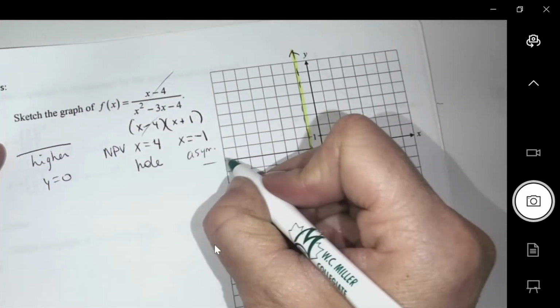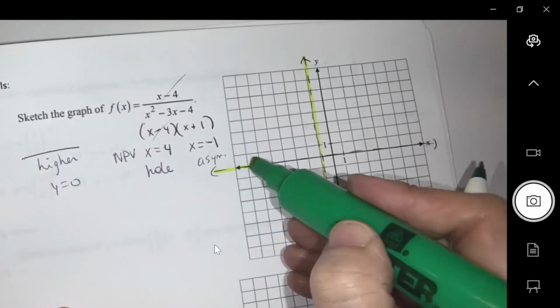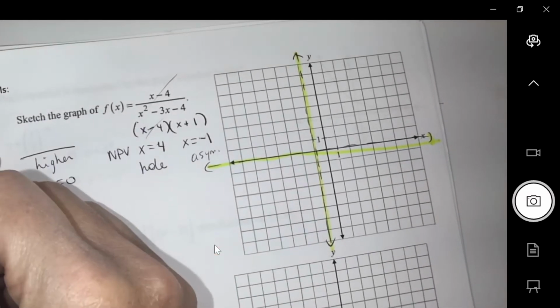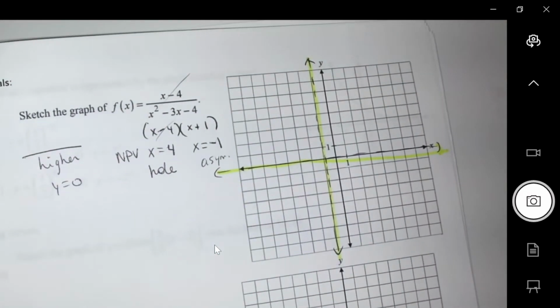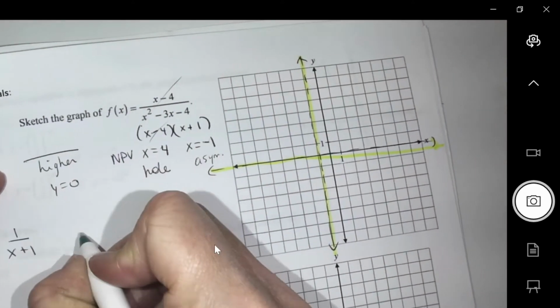Y equals 0 asymptote. What is my simplified equation after I did that canceled factor? 1 over x plus 1.